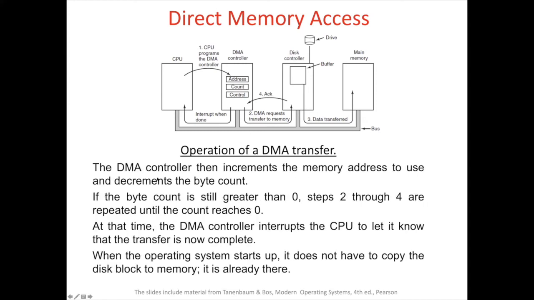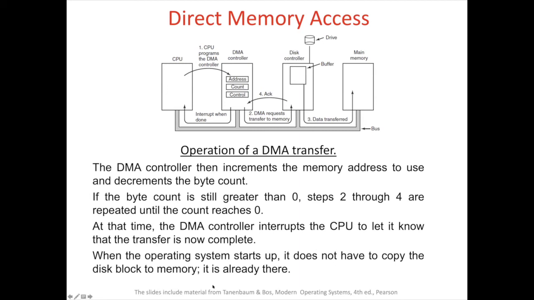The DMA controller then increments the memory address to use and decrements the byte count. If the byte count is still greater than 0, steps 2 through 4 are repeated until the count reaches 0. At that time, the DMA controller interrupts the CPU to let it know that the data transfer is now complete.